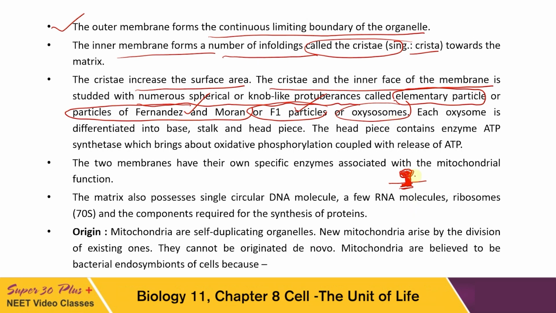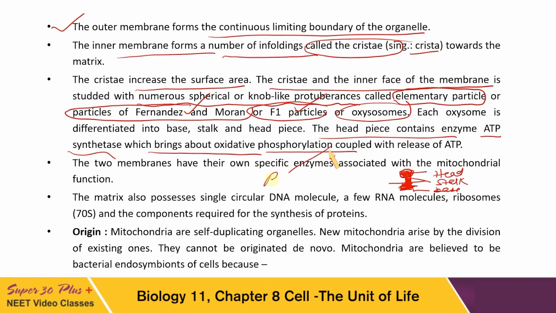And this particle, you see, has three parts. This is the head, this is the stalk, and this one is the base. This F1 particle, basically the head piece, contains the ATPase enzyme, that is the ATP synthetase enzyme, which brings about oxidative phosphorylation.